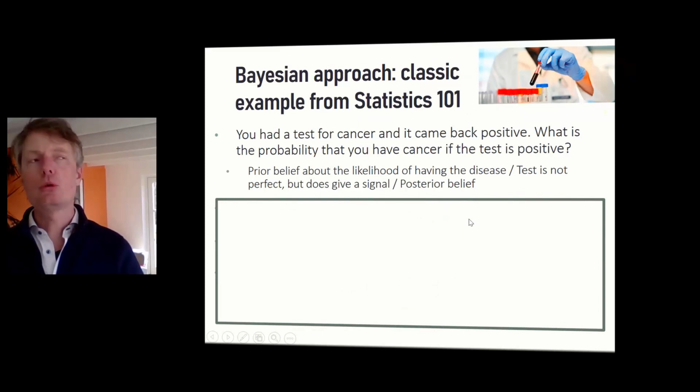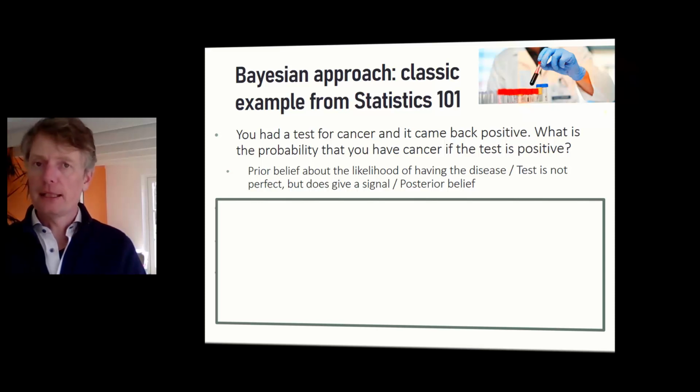And I'll do so with a classic example from statistics class, namely a medical test. Say that your physician sends you to the hospital to have a test for having cancer or not. And now you go to the hospital, and the test comes out positive.